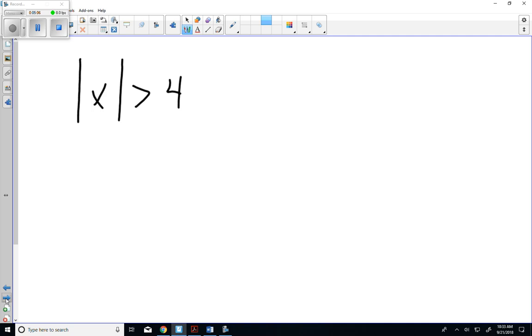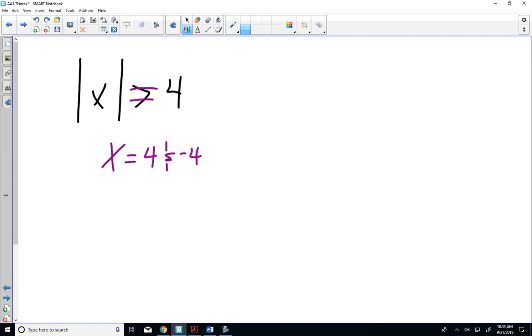Then moving on to an inequality, kind of the same type of thing. If this were an equal sign here, then you would say x equals 4 and negative 4. Well, when it's an inequality, it's the same concept.